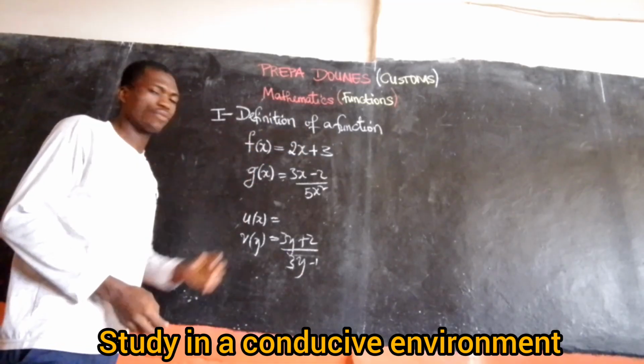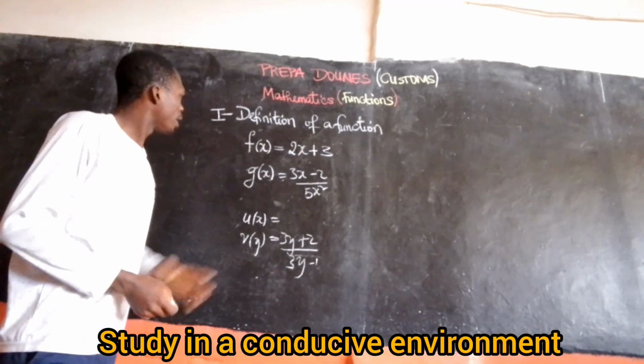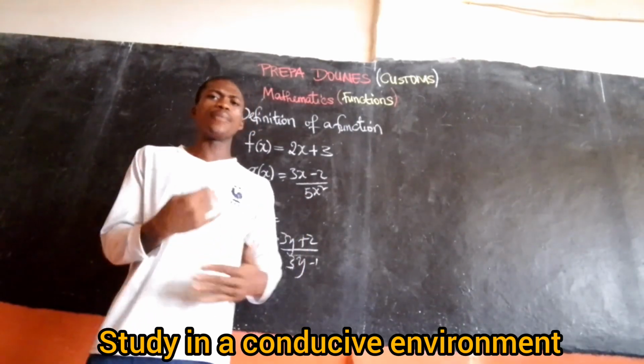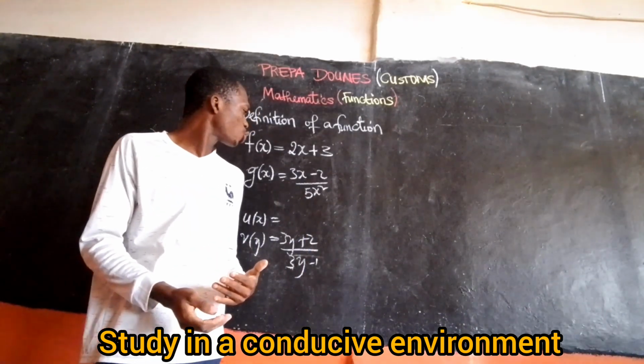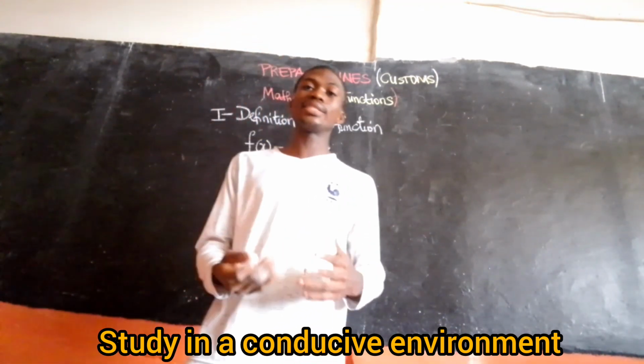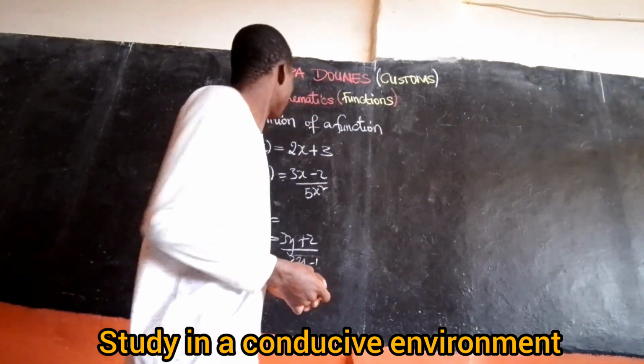These are functions. Now, after knowing what a function is and how a function can be represented, we are going to now look at how to find the domain of a function. That's the next important thing that we are going to be doing.